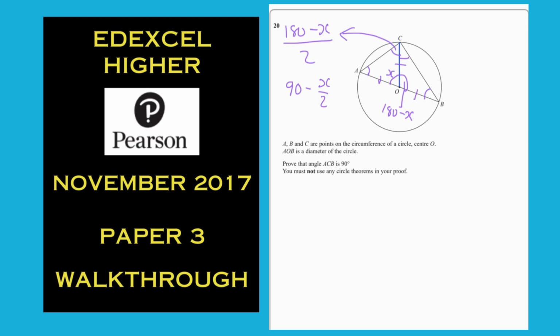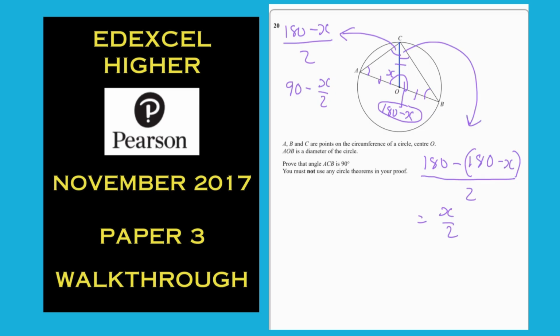How do we work them out? Same process, folks. You do 180 minus this angle, in brackets by the way, that's quite important, and you would divide it by 2. Now when you take away the brackets, 180 take away 180, they're gone, and it's minus a minus X.